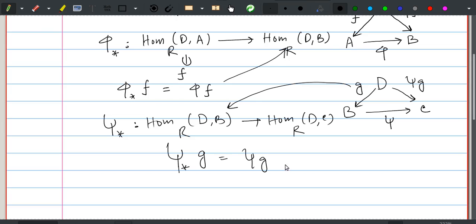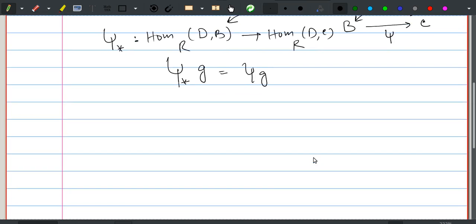Now if we take the composition of these two module homomorphisms, phi star and psi star, what do we get? Suppose we have D here, and A, B and C are our R modules, with phi and psi.